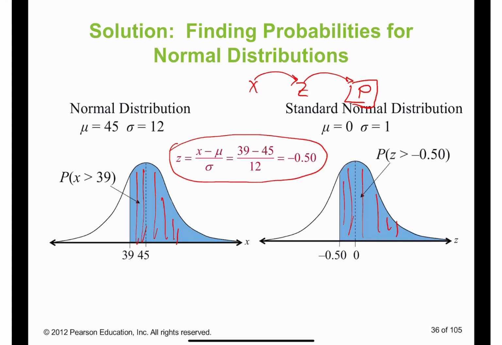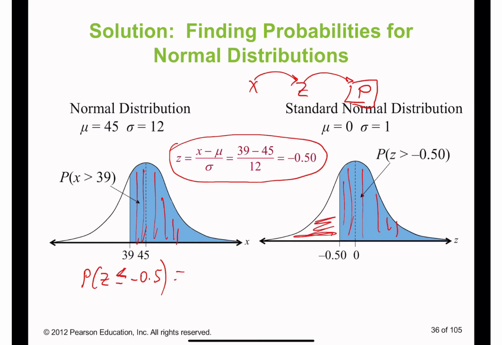How are we going to deal with this? Remember what we learned. If z-score is greater than negative 0.5, we need to find probability for z-score less than negative 0.5, which will give you this area.